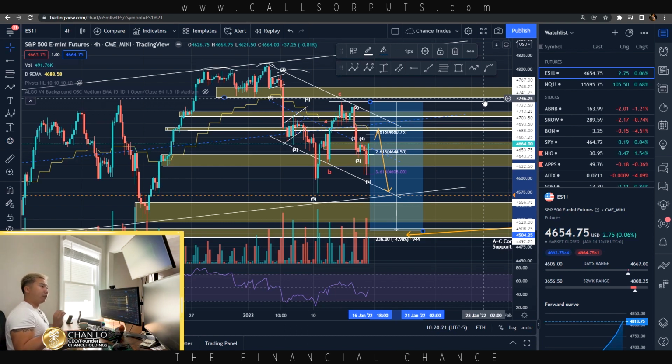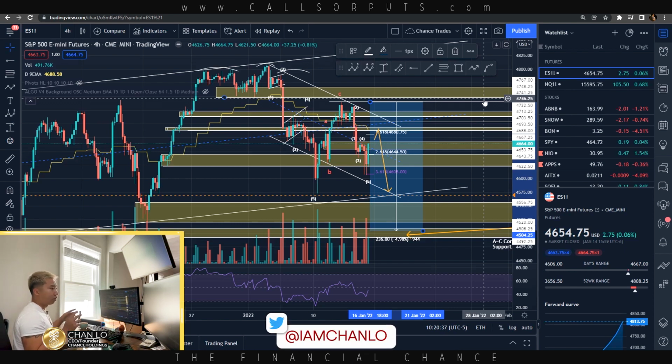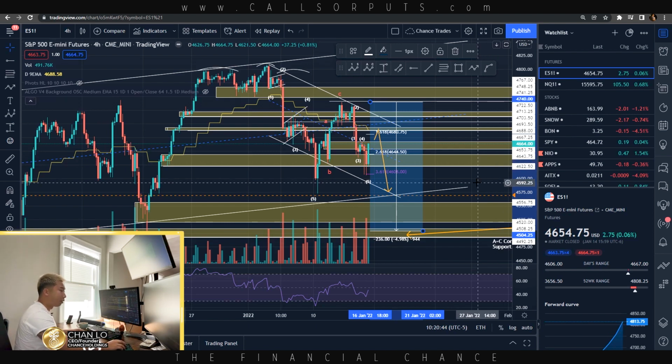When people or financial gurus catch these moves, it's so easy to call a move up because you have all the time in the world to call a move up, whereas downside, and also the market is rigged to go up, but to call a downside is relatively hard, and we've been consistently doing it. Not timing the market, don't get me wrong, but calling a downside is relatively harder than calling upside on the market. So anyways, that's where we are for the market.